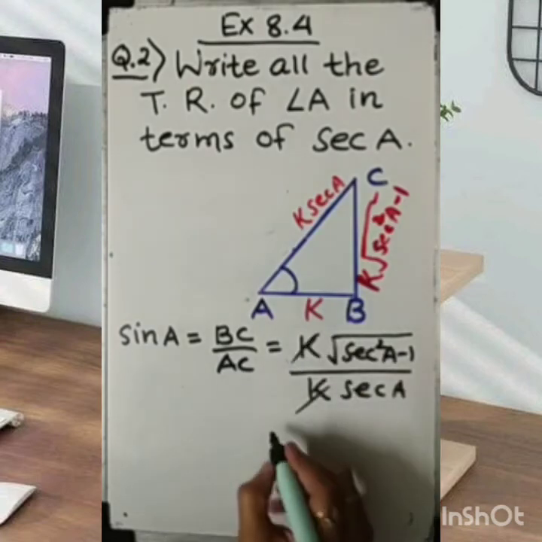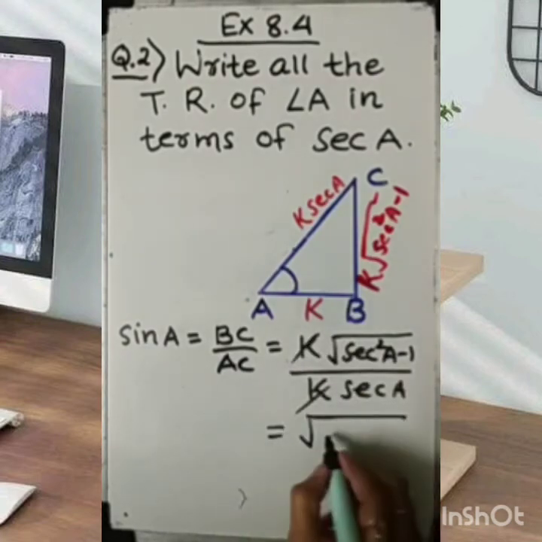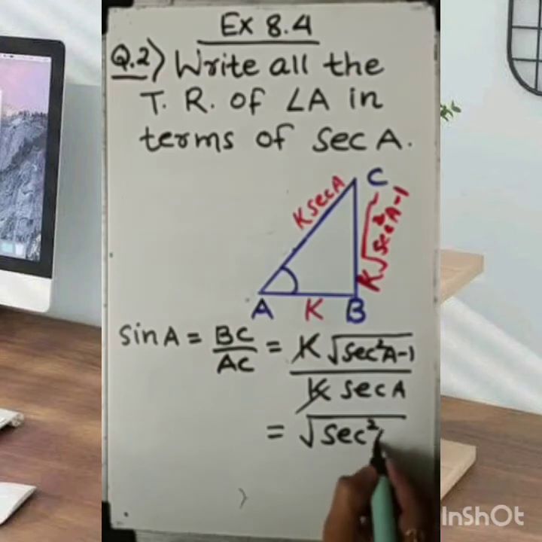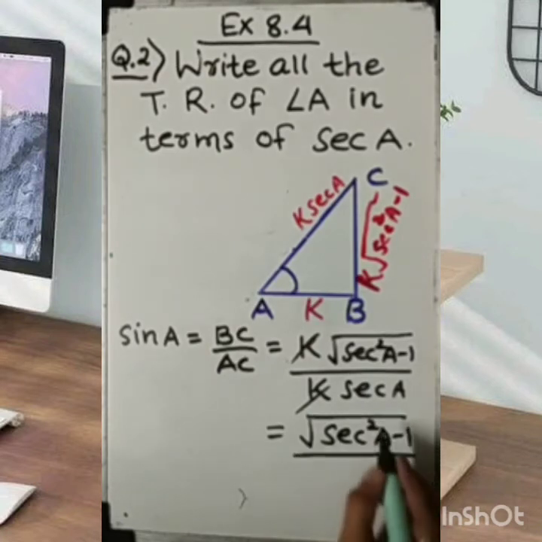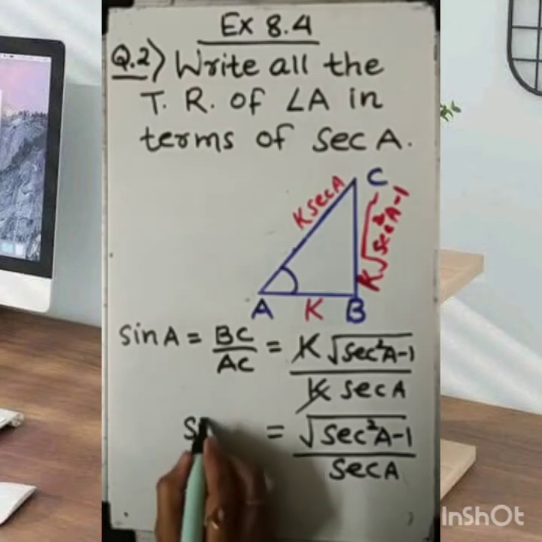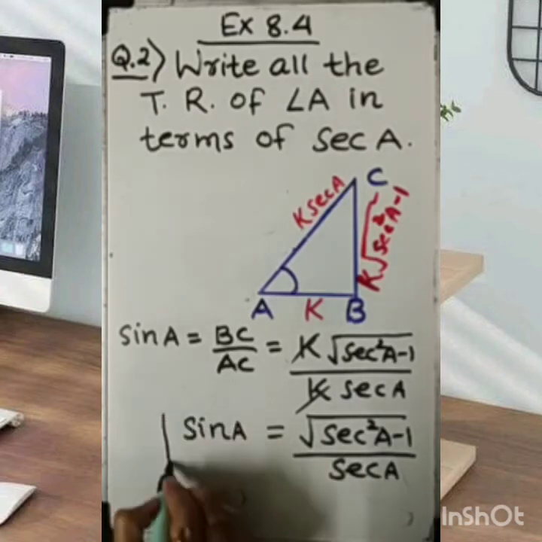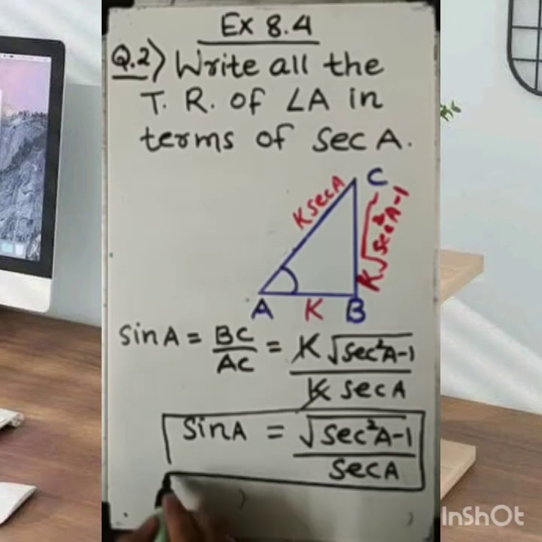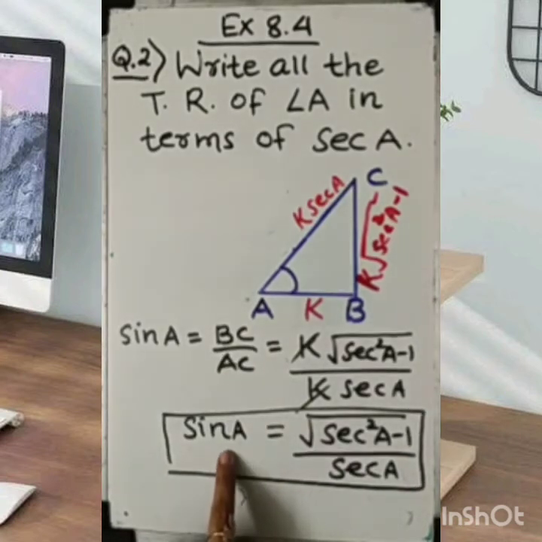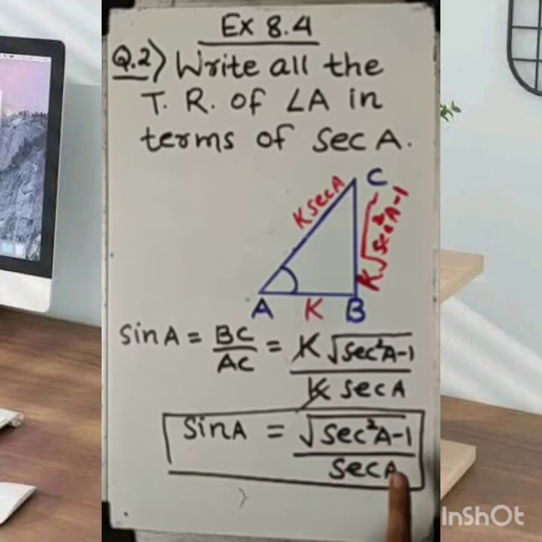K cancels, a constant term. So the answer is under root of sec square A minus 1 upon sec A only. Okay, so this is the value of sin A. Please mention it, dear. You can see, sin A is the trigonometric ratio and successfully we are able to write it in the form of sec.